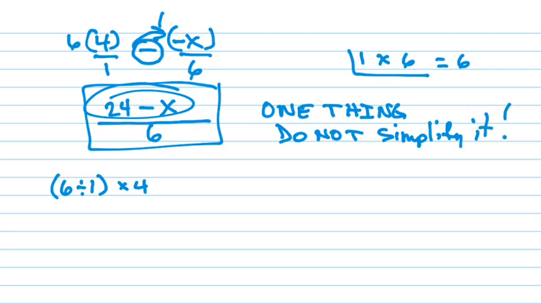Now, you're going to learn later that sometimes it can simplify, right? But if you have more than one term in the numerator, you cannot divide something out of one term without dividing it out of the other term. You have to work them equally. So this is a huge problem. Do not do that, right?